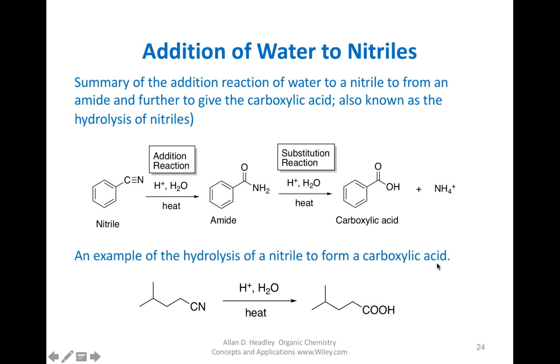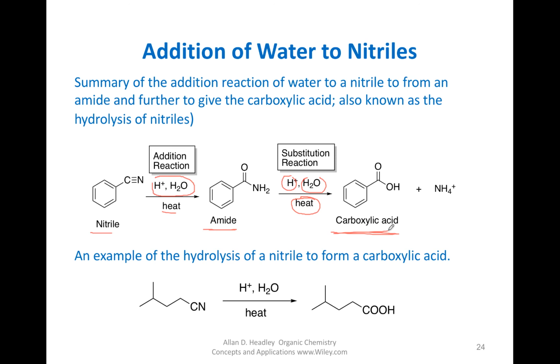So the overall reaction scheme is, if you have a nitrile in the presence of an acid and heat, not as much heat, a low temperature, you get the amide. In the presence of an acid and water and elevated temperature, much higher temperature this time, your product here is the carboxylic acid.